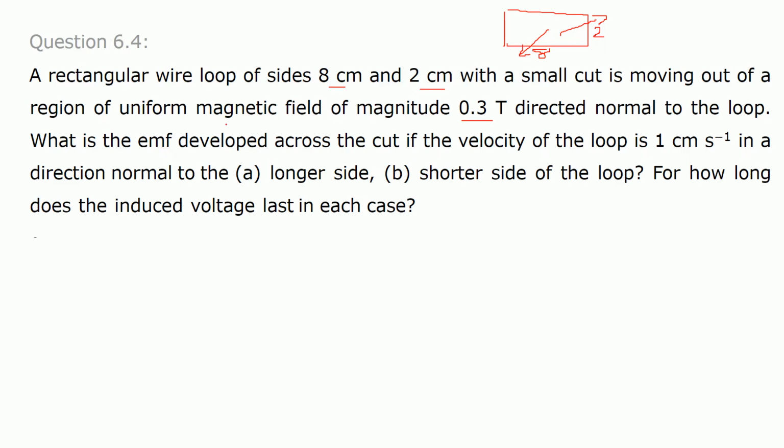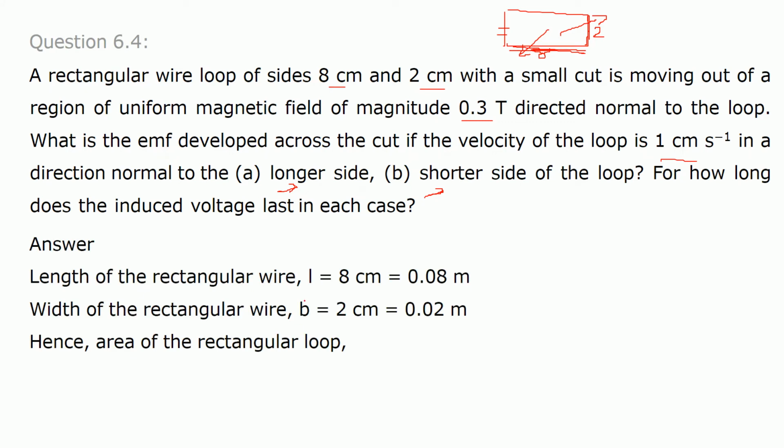What is the EMF developed across the cut? If the velocity of the loop is this much in a direction normal to the longer side, that is 8 cm, and then the shorter side, that is 2 cm, for how long does the induced voltage last in these two cases?